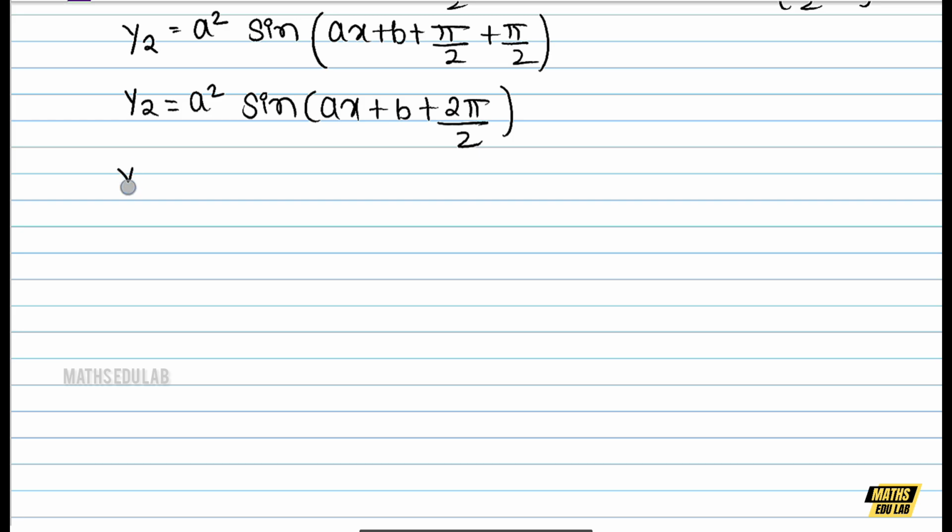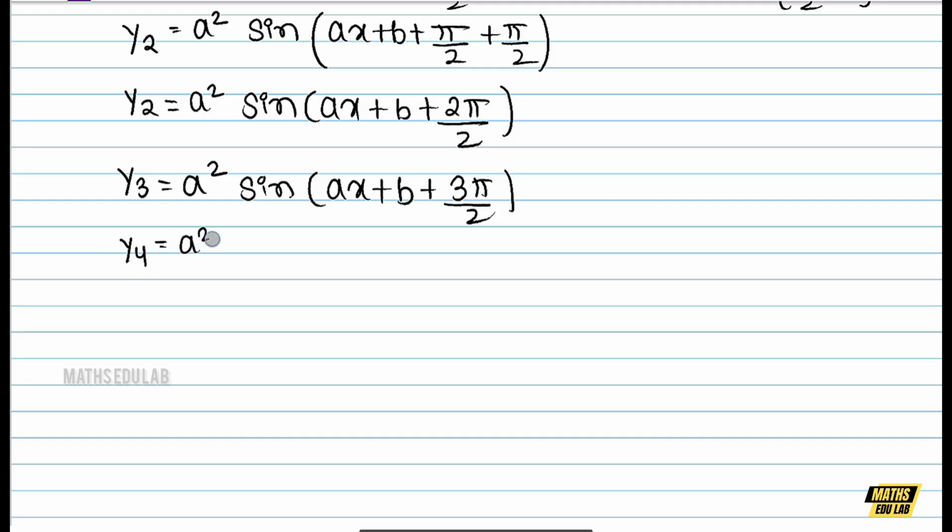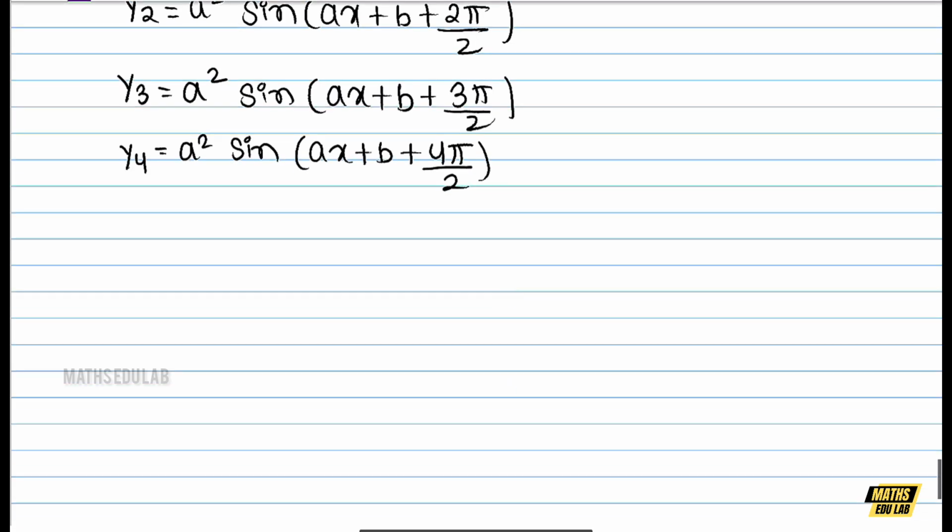And similarly, if I do the derivative for the third time, the given equation will change to a square sine(ax + b + 3 pi by 2). And then y4 is equals to a square sine(ax + b + 4 pi by 2), up to the nth derivative.